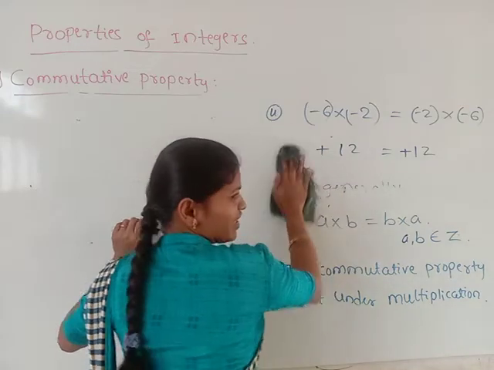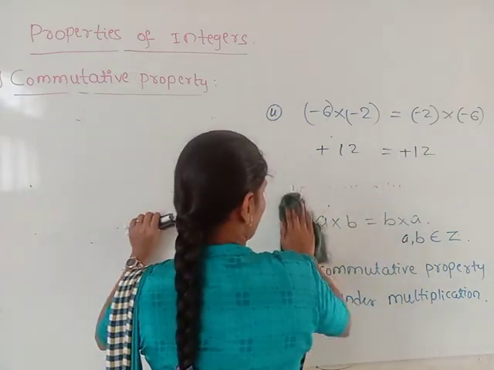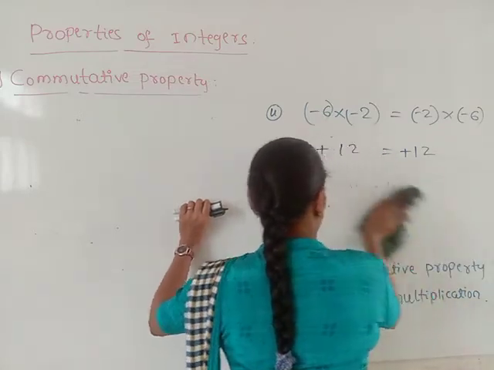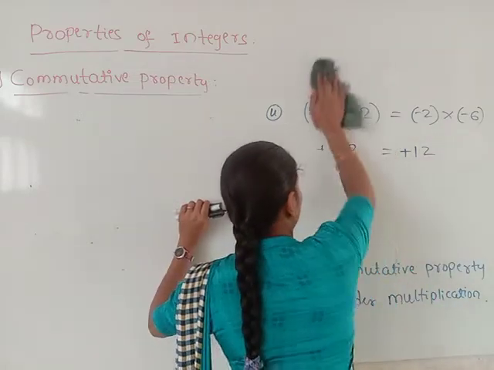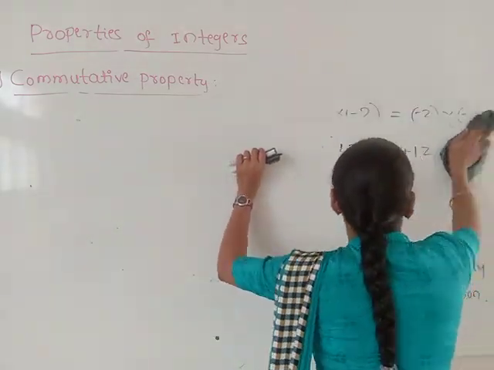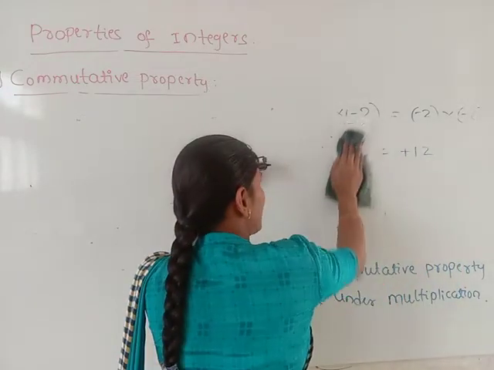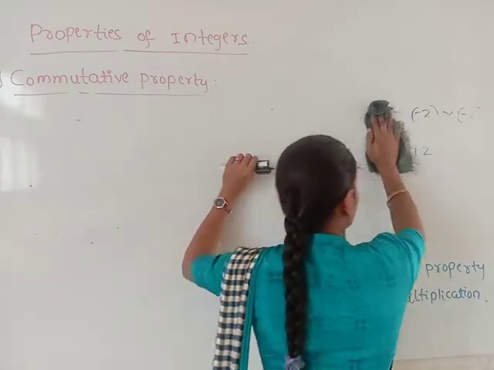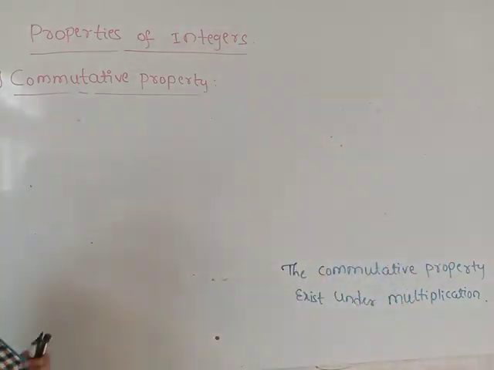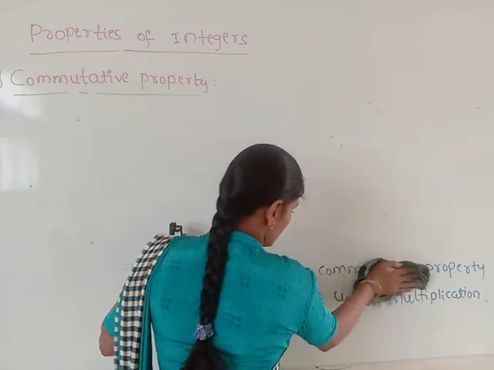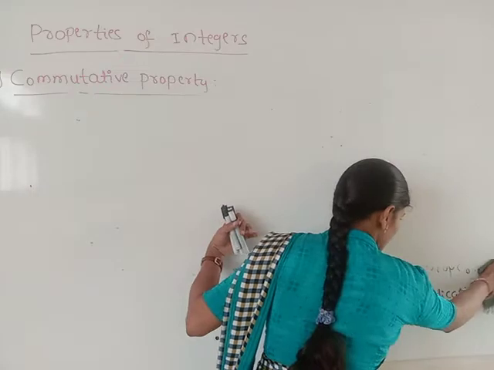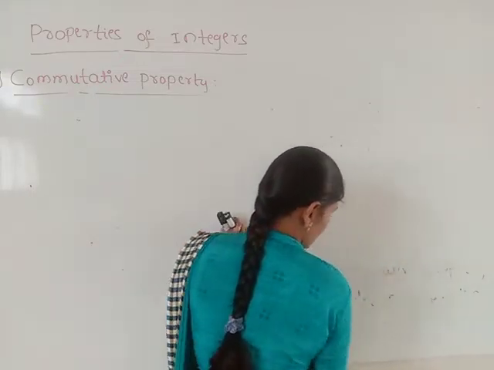Next one, under division: whether the commutative property exists or not, we have to check it. Just take any two positive integers and divide one by the other. If the answer is equal and an integer, then the commutative property exists for integers under division, or else, if not equal, it does not exist.